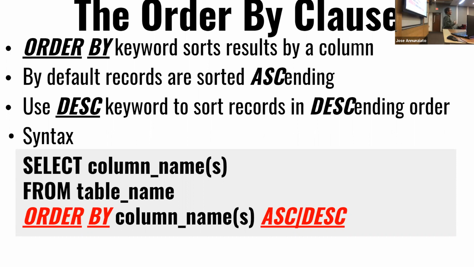If it's a number, it's by order of increasing number. If it's characters or strings, it's by lexicographical alphabetical order. So the syntax is order by, and then the field or fields. If you have multiple fields, column 1, comma, column 2, and by default they're ascending. If you want descending, you have to explicitly put descending.